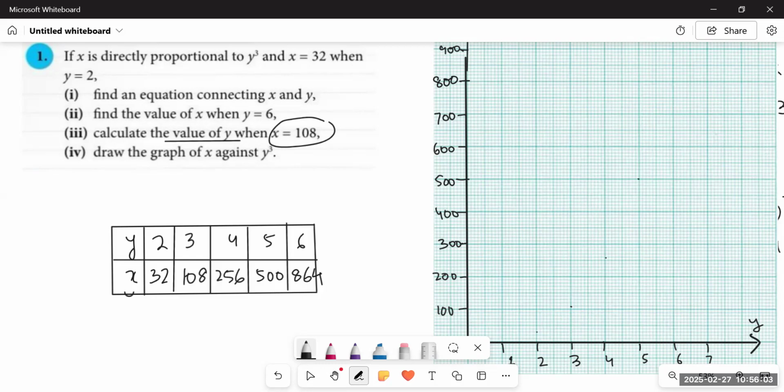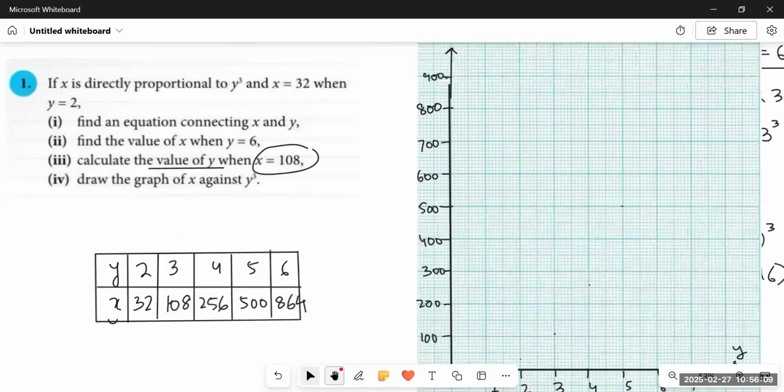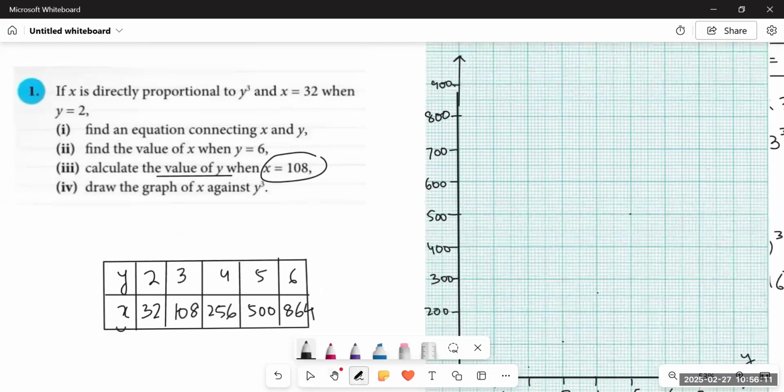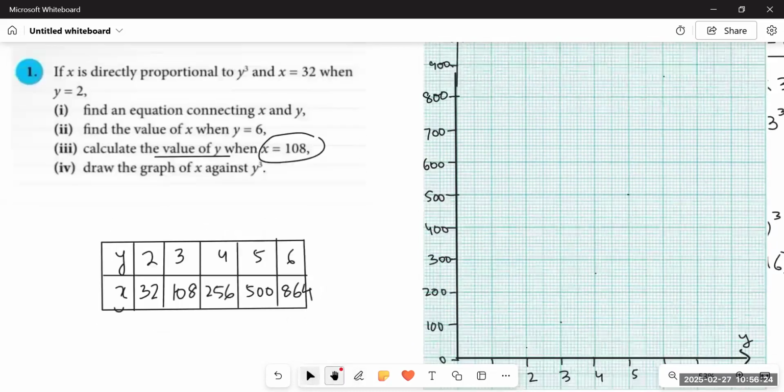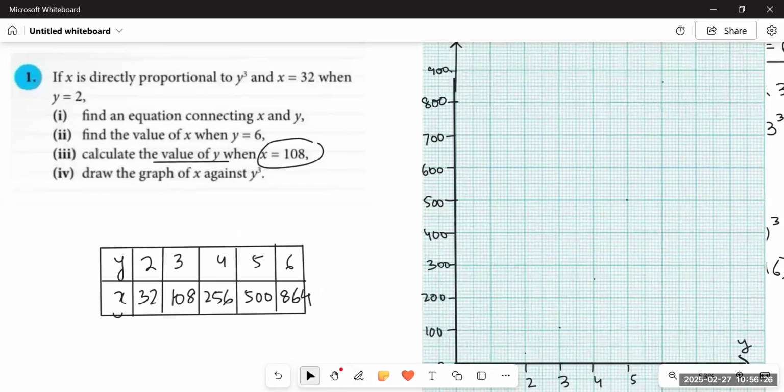Next we have the value of 6 is 864. So it would be marked over here, 864. Come over here. And now when we join the points, you can see that we do not get a straight line.